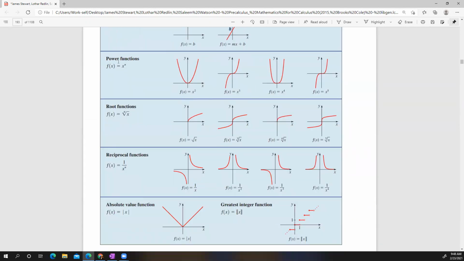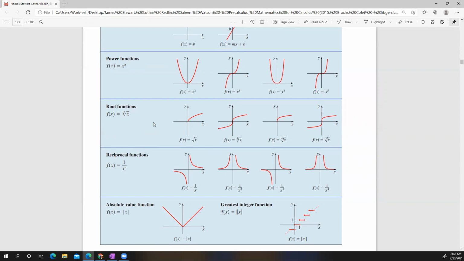Then you have these power functions, x to the n. The first one is x squared, where n is 2, so it's a parabola. Then you have x cubed, and this second plot here, x to the fourth, which is almost like a parabola, but not quite. Then you have x to the fifth, so n is equal to 5.